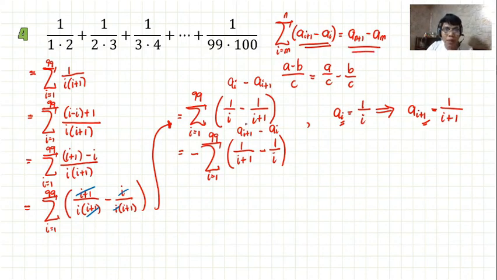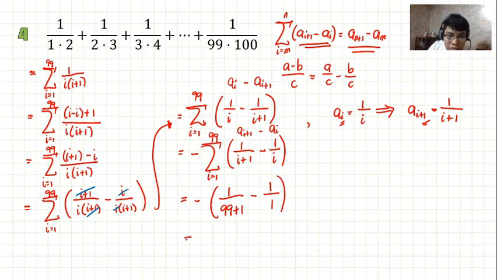What is my n? My n is 99. So I just substitute 99 sa I plus 1. So that will be negative of 1 over 99 plus 1 minus 1 over, substitute natin sa a sub I, so that is 1 over 1. And this is just equal to negative of 1 over 100 minus 1. And that is equal to negative 99 over 100, negative.